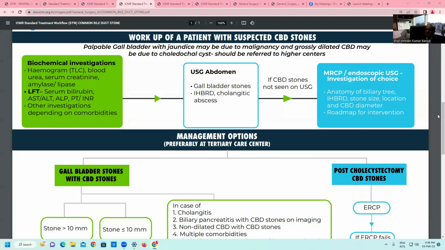So ERCP is not recommended for the diagnosis of CBD stones, but as a therapeutic procedure, if you are doing an ERCP, then it is definitely a good option for patients with CBD stones.